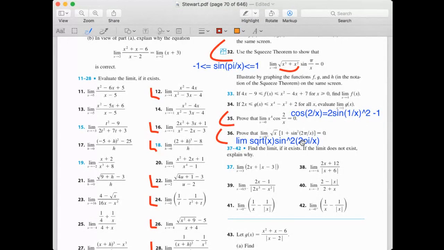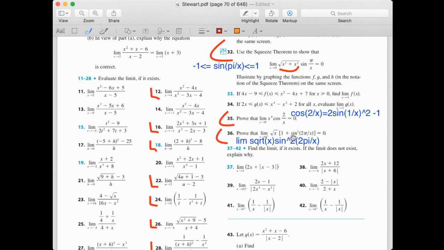So write the limit of the square root of x, then the limit of sine squared 2 pi over x. If you want to force yourself to prove it by the squeeze theorem, you just show this part: the limit as x approaches 0 from the right of sine squared of this term.